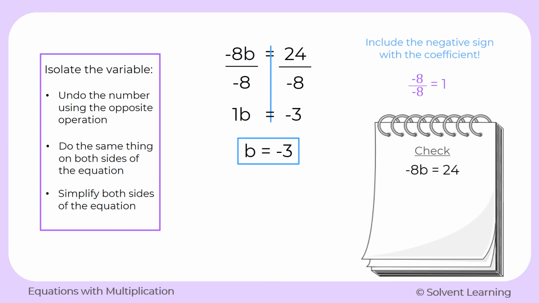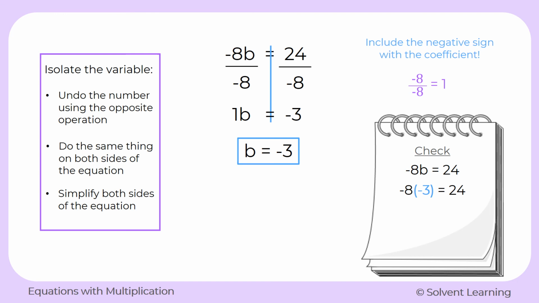Write down our original equation. Now we're going to substitute that -3 for b. And we put parentheses around it to show that we are multiplying -8 times -3. And now we simplify this to see if we get a true equation. -8 times -3. Let's see, we're multiplying two negatives. What was the rule that we learned for that?